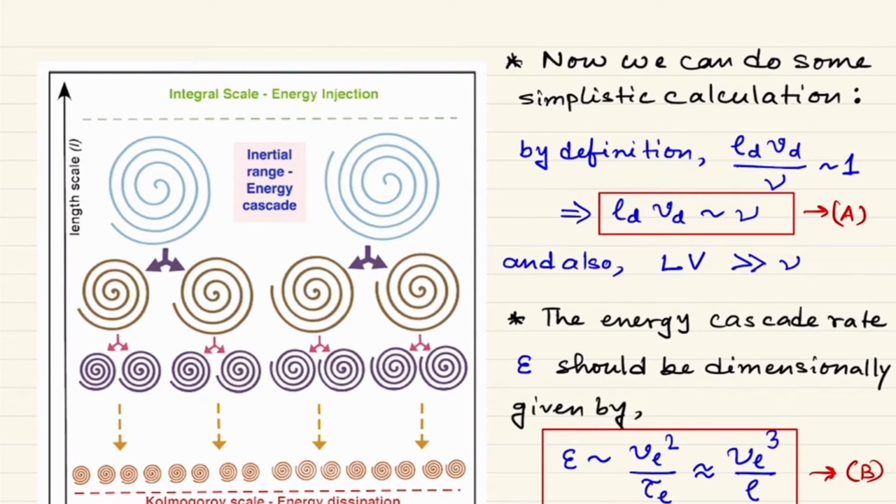So this is the largest scale, called the forcing scale or integral scale, and energy is dissipated here. This is the Kolmogorov scale where the energy dissipation is taking place.